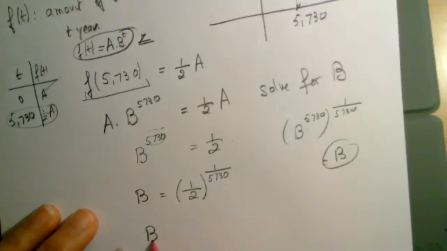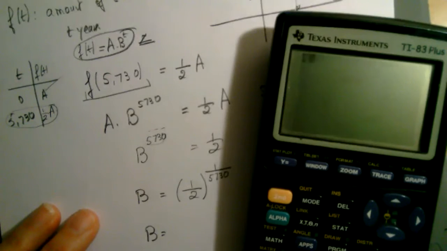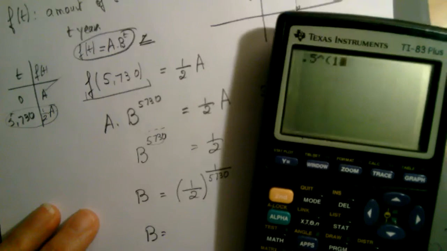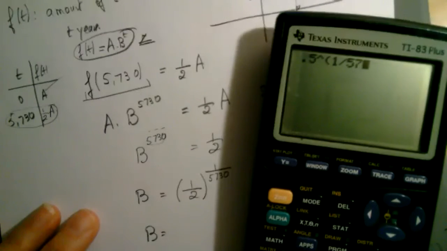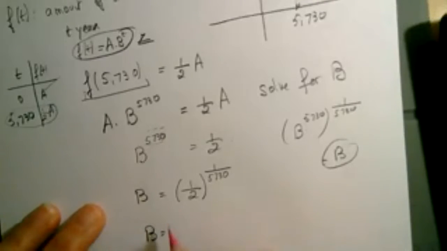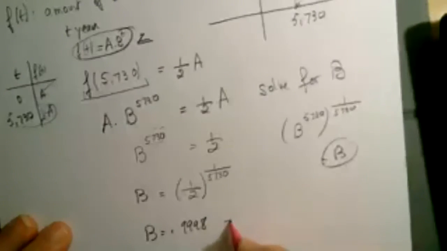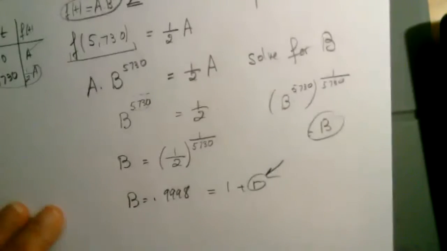So b will be like before, so it is 1/2, which is 0.5 to the power 1 over 5,730. So it's very small, so I'm getting 0.9998. This is 1 plus r, and that's the r that I want.